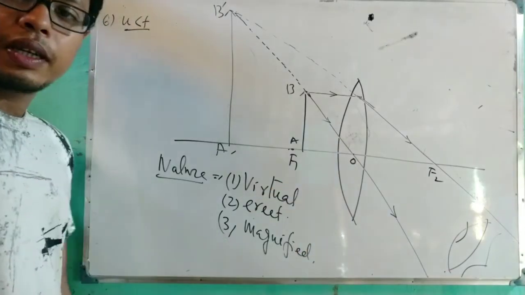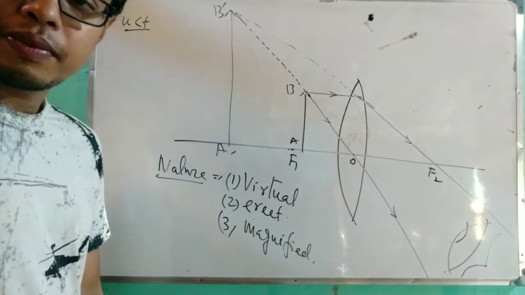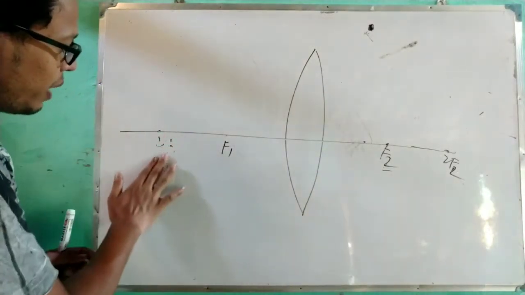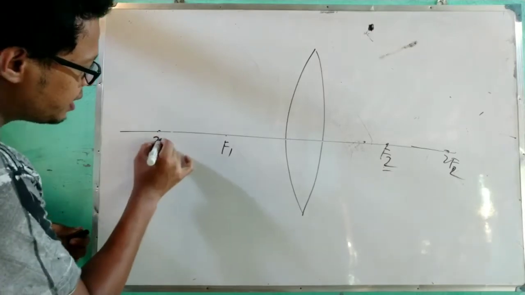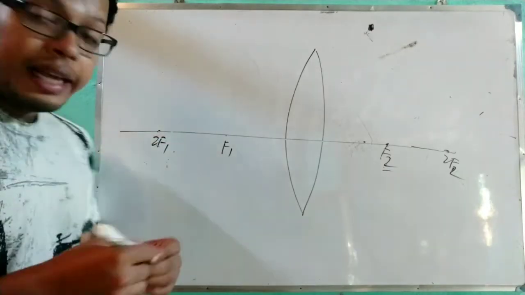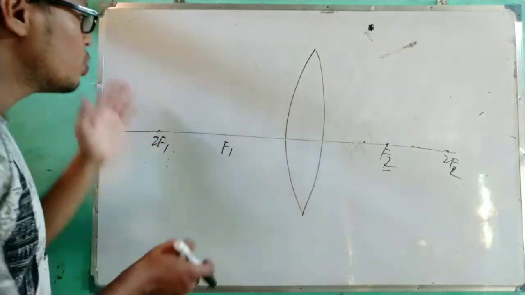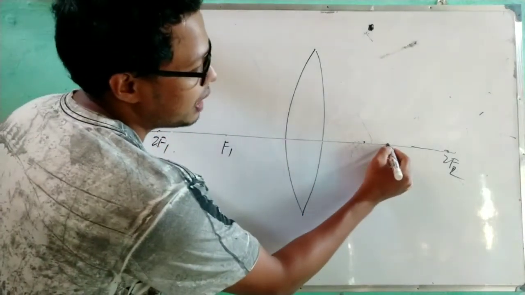Okay, clear? I am explaining the total ray diagram. See, in the first case we have seen that when the rays are coming from infinity, means when the object is placed at infinity, the image forms at focus.